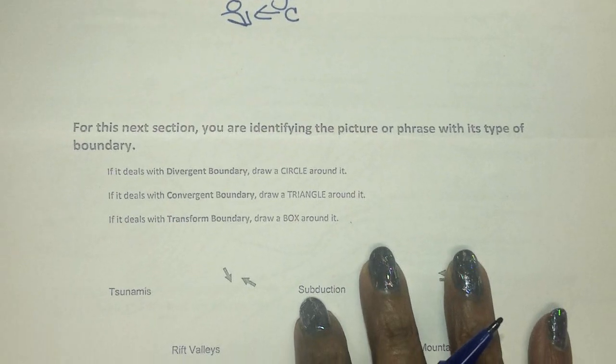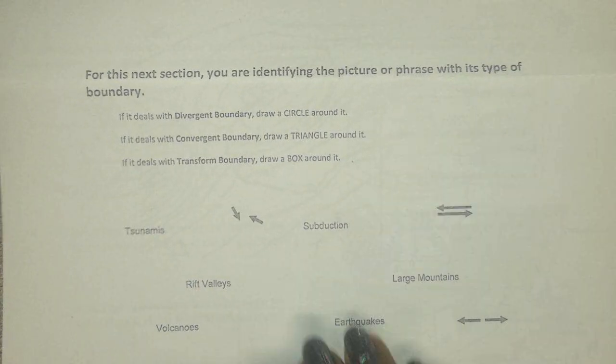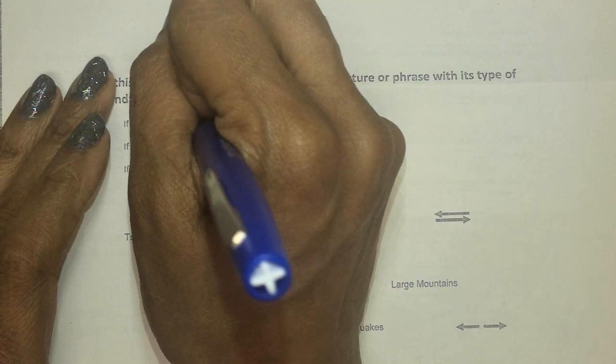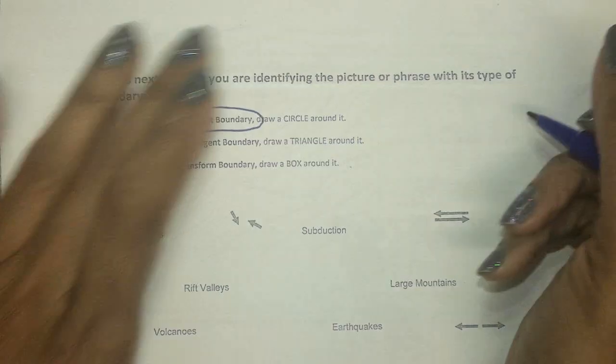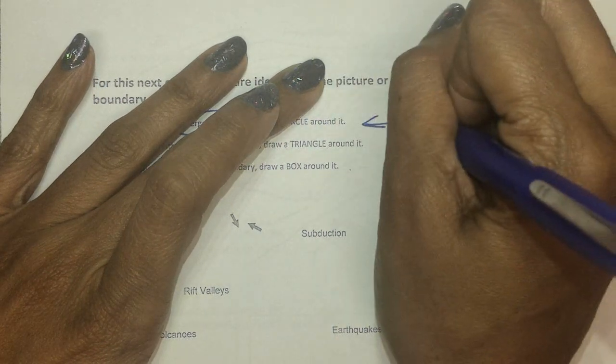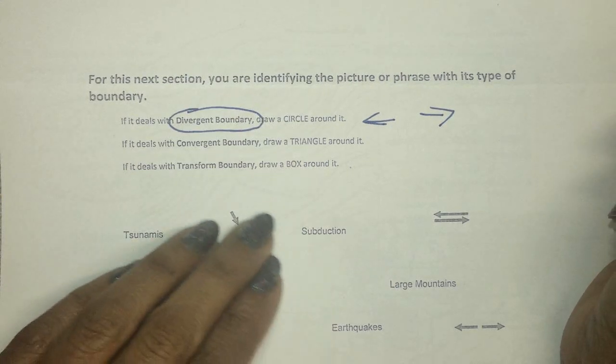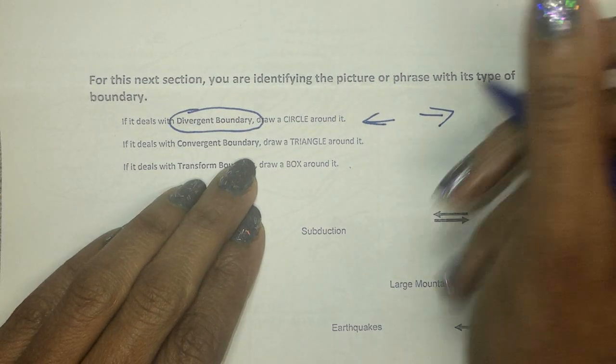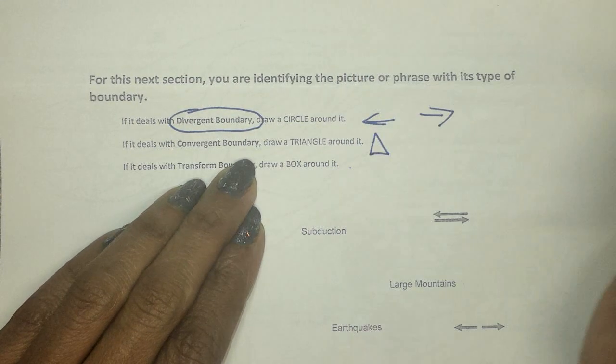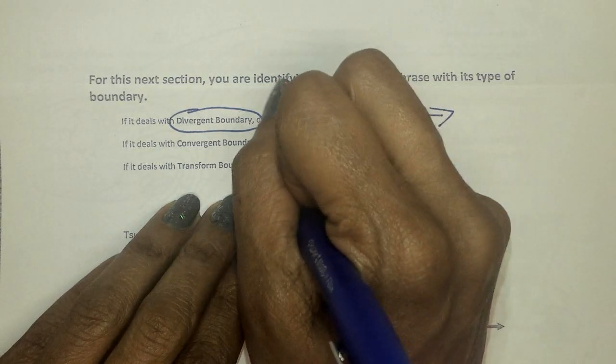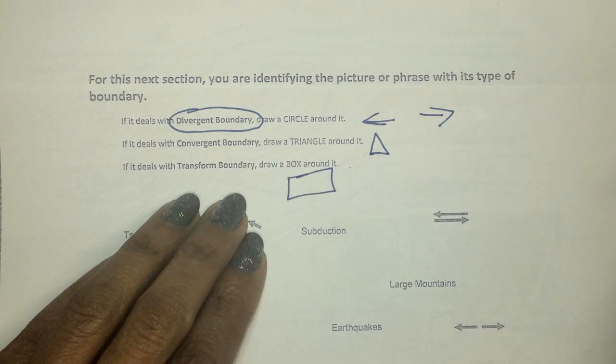All right, it wants you to put a circle around divergent. So anything that represents divergent is going to be a circle. Anything convergent will be a triangle. And anything transform will be a box.